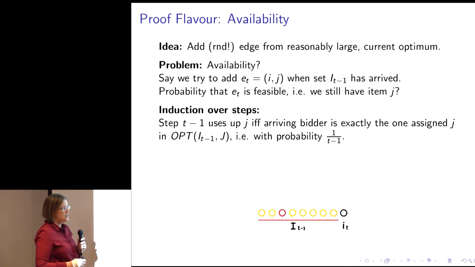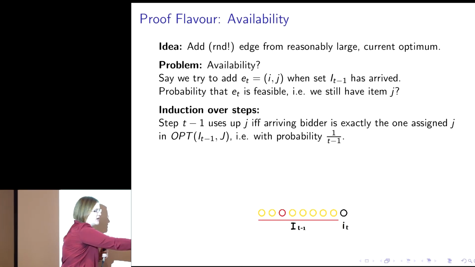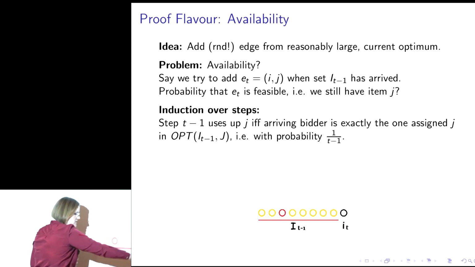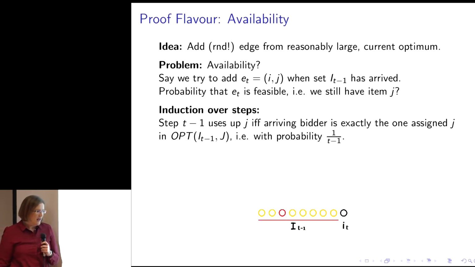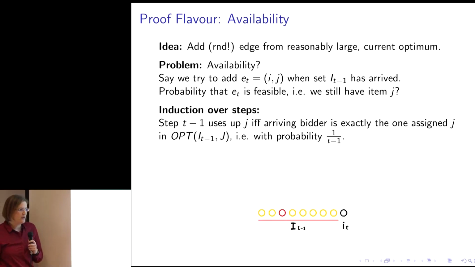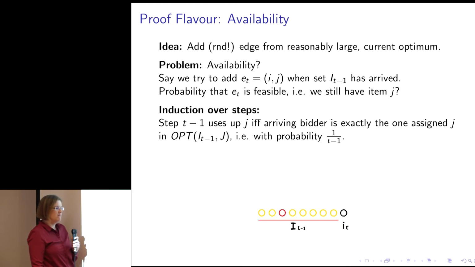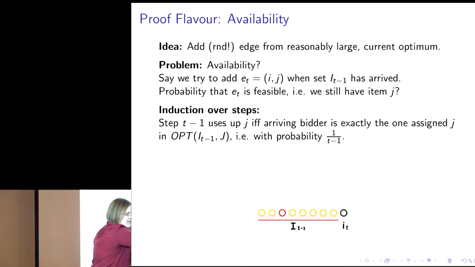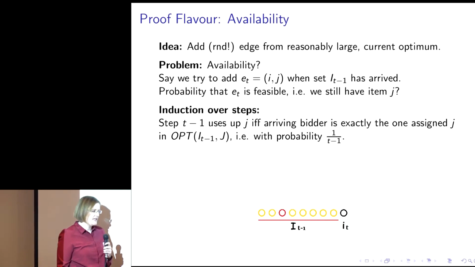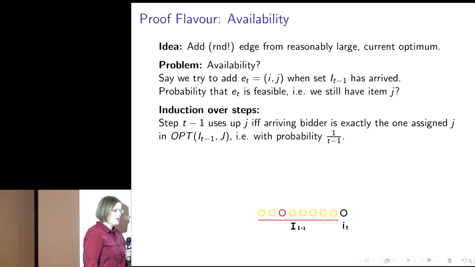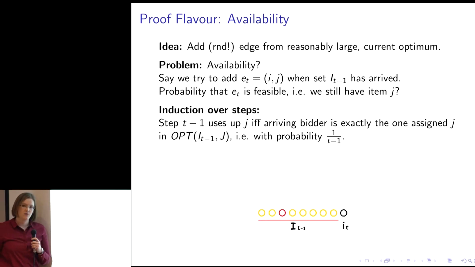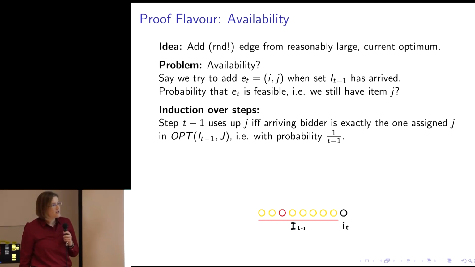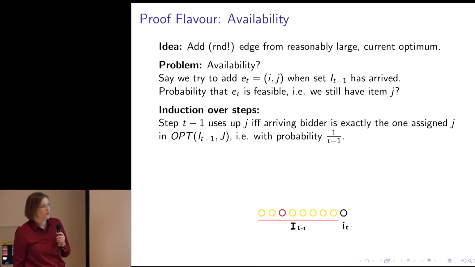We have computed an optimum matching over all of these guys without the t. And one of them, let's say the red one, has clearly been assigned the item. But due to the random arrival order, he might have been anywhere in this sequence. And the probability that this red guy that we gave it to was in exactly this space is our probability that we gave the item away in this step. So this probability comes down to exactly 1 over t-1.